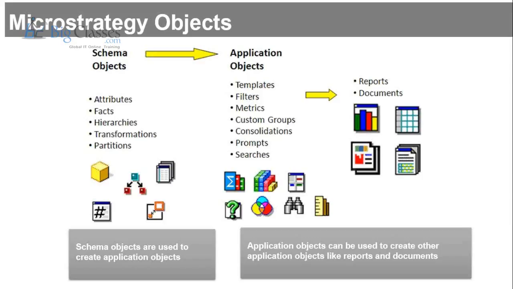So when I start working on MicroStrategy, I'm going to import the required tables, and thereafter I will start creating all these objects. When I create the objects, I will select one of the tables or one of the columns to which I have to map it, and that information would be stored in the metadata. Make sense? Yeah. Perfect.